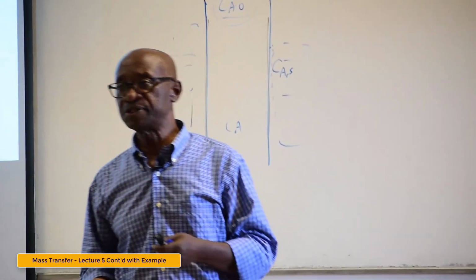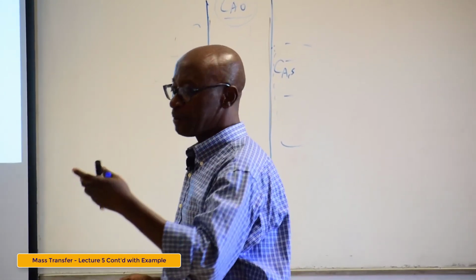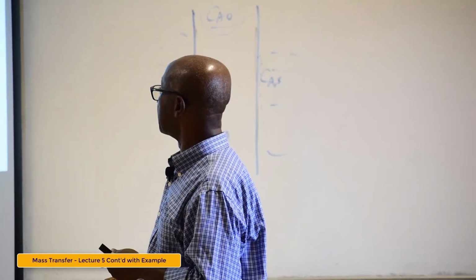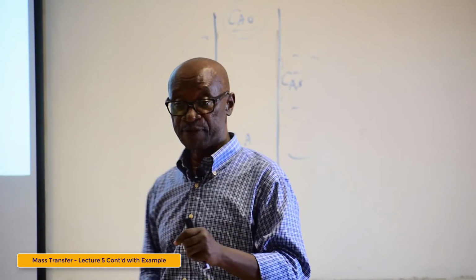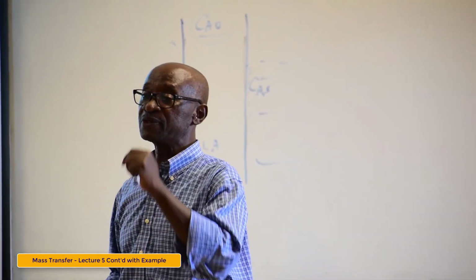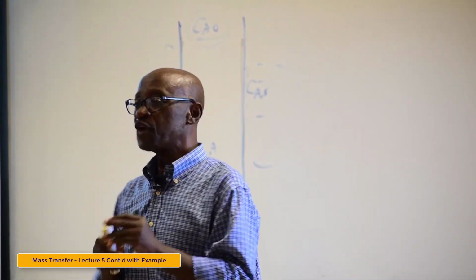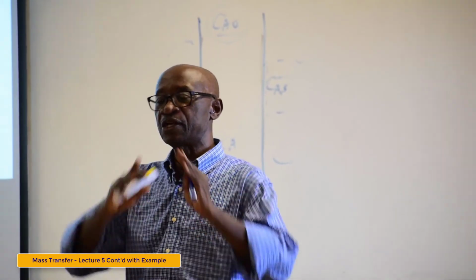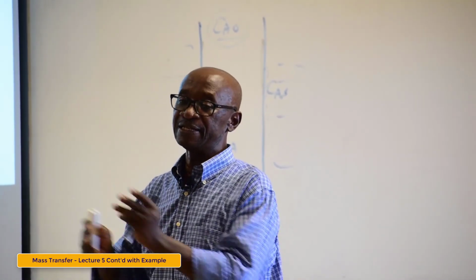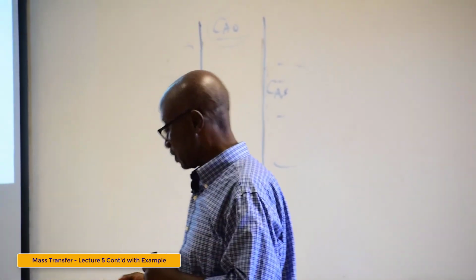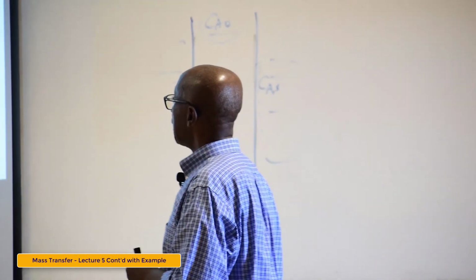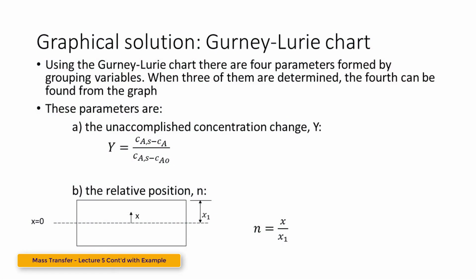If you use the Gurney-Lowry chart, there are 4 parameters that are defined on the graph. If you are able to calculate 3, then use the 3 to get the 4th one. Okay, and these parameters are Y, the unaccomplished concentration change.